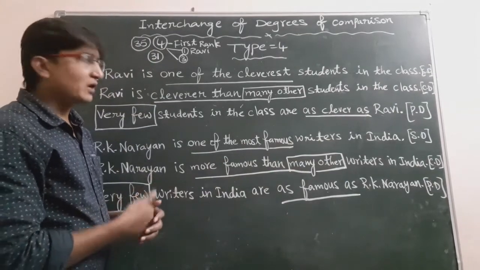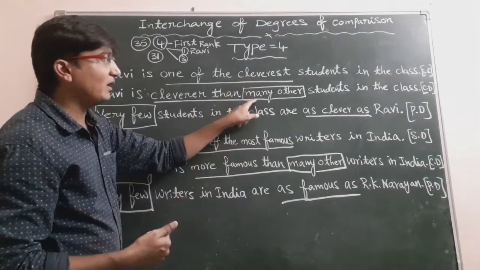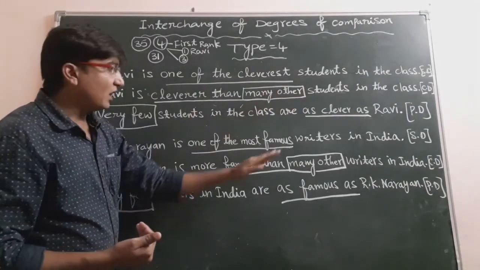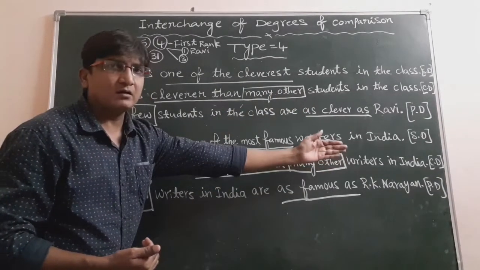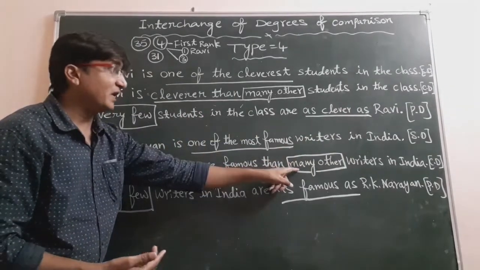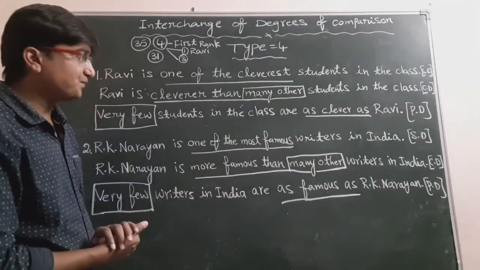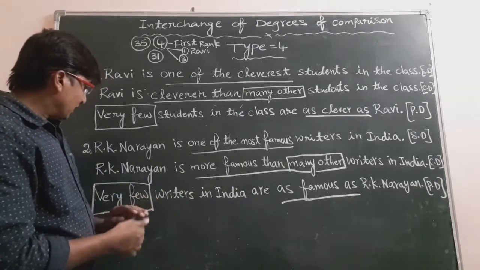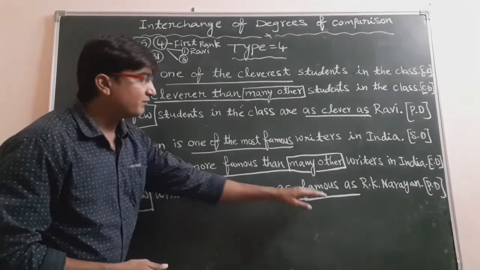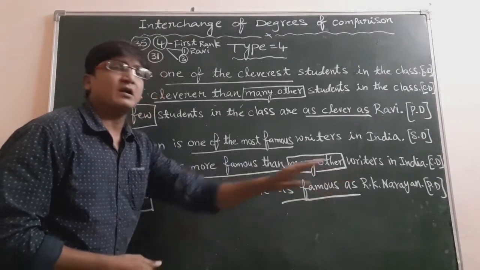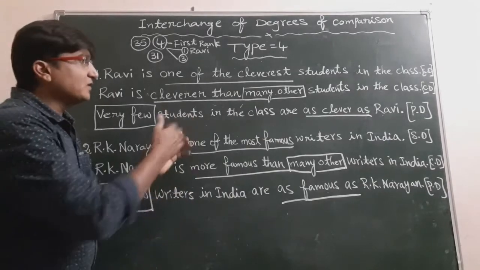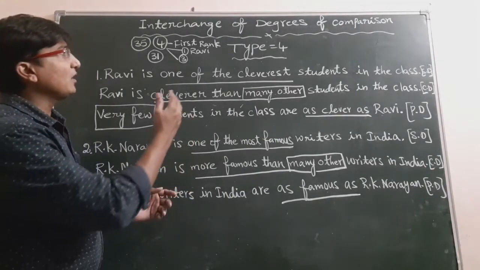And sometimes we can also write in the place of many, most other students in the class or most other writers in India. Most also can be written in the place of many at times or sometimes. Next one, very few writers in India are as famous as R.K. Narayan. It is in positive degree. So in this way we need to understand type 4.